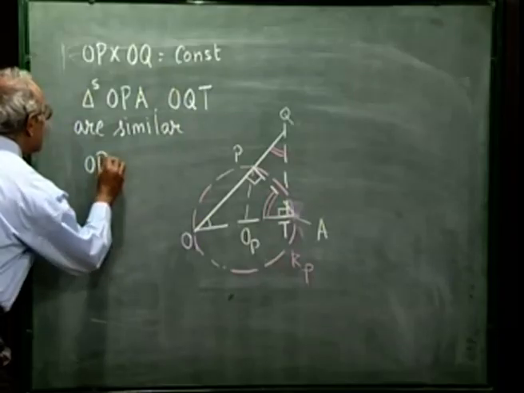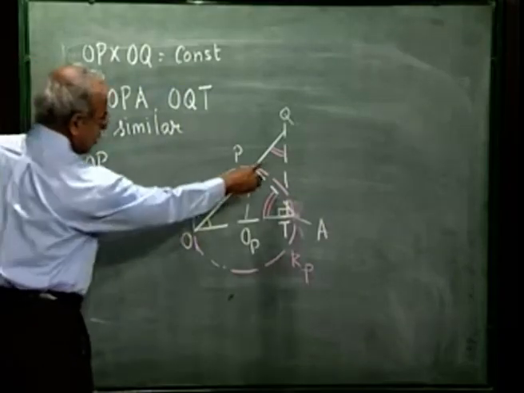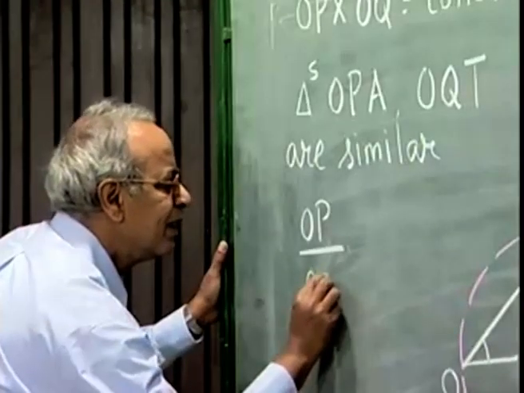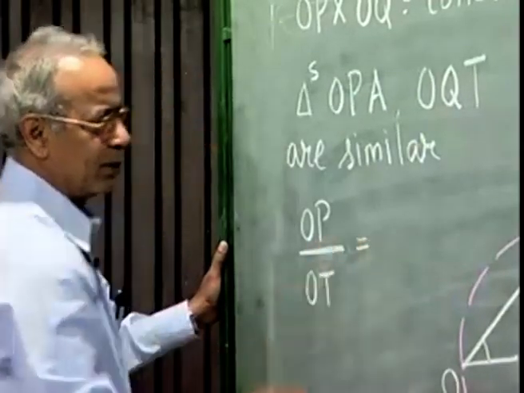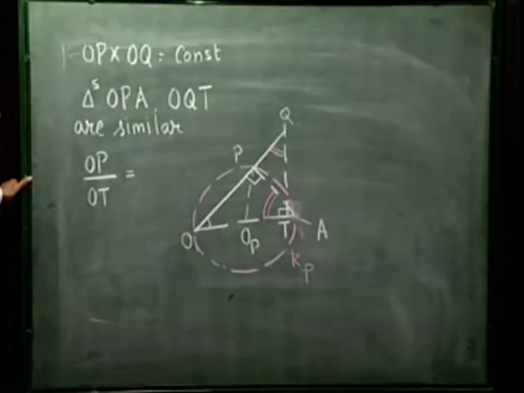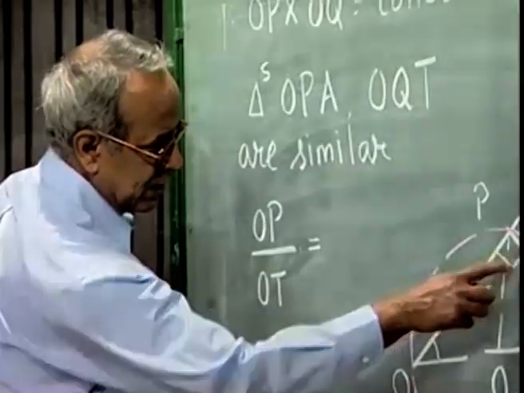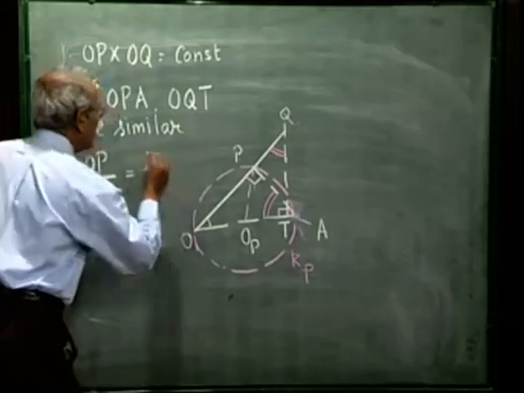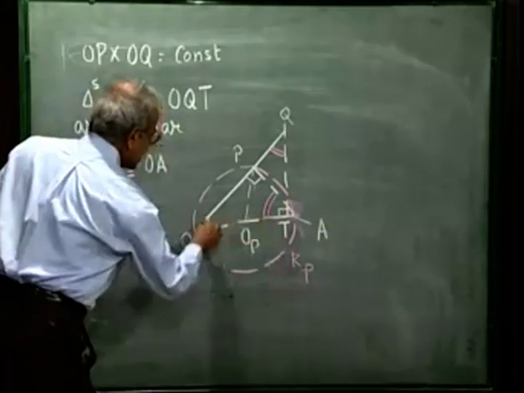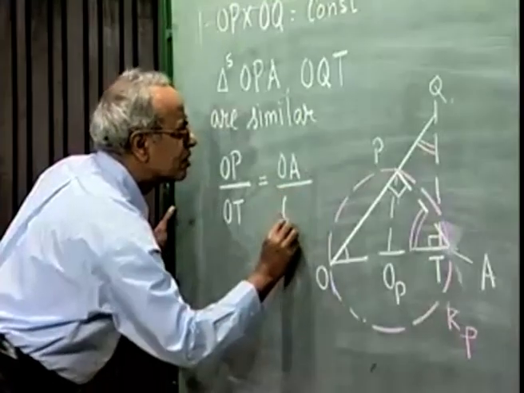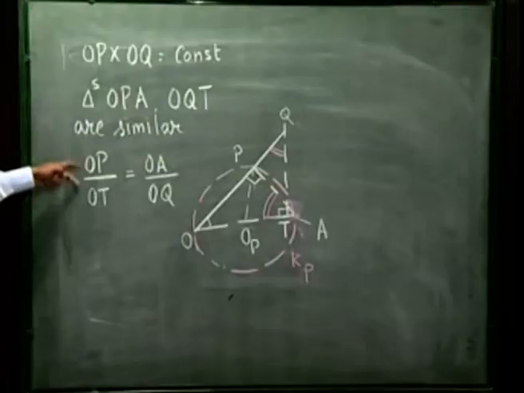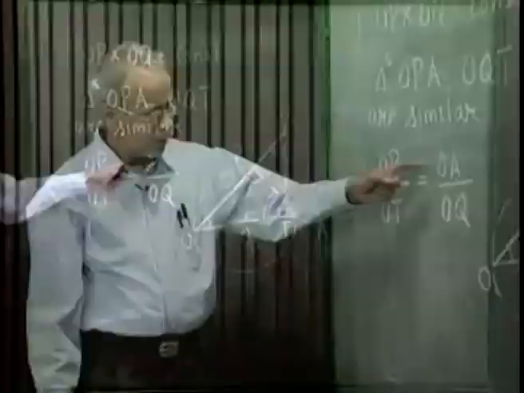So, OP divided by opposite to this angle in the bigger triangle OQT, I have OT, should be equal to opposite to this right angle is OA and opposite to this right angle I have OQ. Because these two triangles are similar, this relationship between the length of their sides will hold good. OP by OT is OA by OQ.